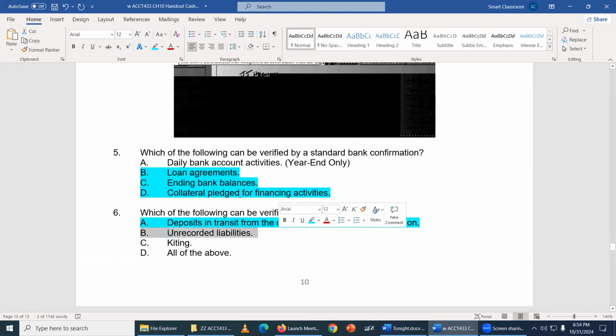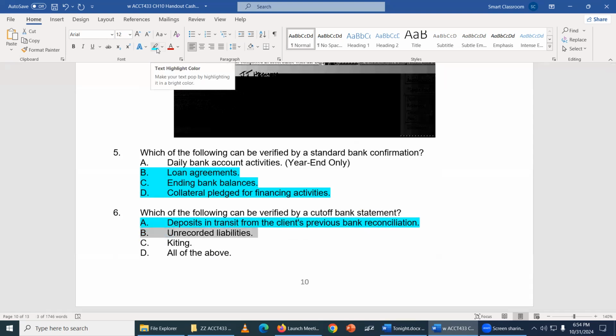Unrecorded liabilities. It's possible we'll find kiting. It's also possible we don't find kiting, but generally it's possible to find all of these on there.